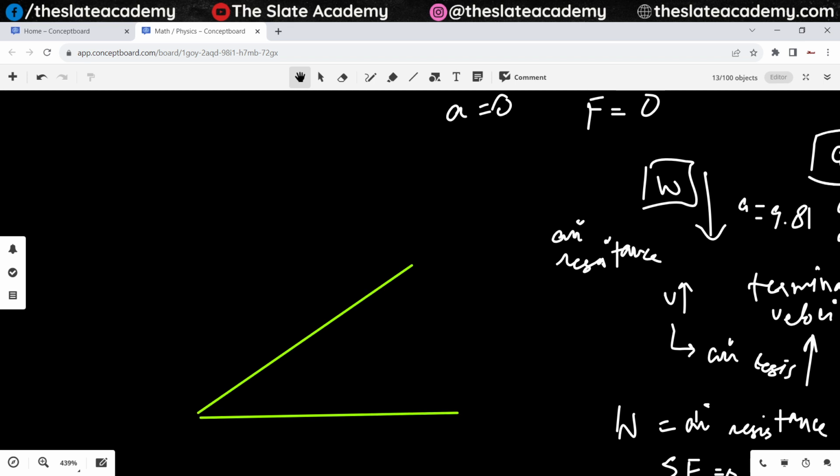Now this inclined plane is at an angle theta to the ground. And on this inclined plane, I've got a box of weight W lying on it.